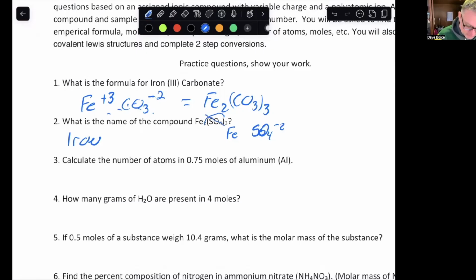And I'm going to reverse swap drop here. So that would mean that this must have been a +3. That's what's going to go together in that ratio. Okay, if you look at that and do a swap drop again, so this iron must have been a +3 charge, which it was. So this is iron 3 sulfate.